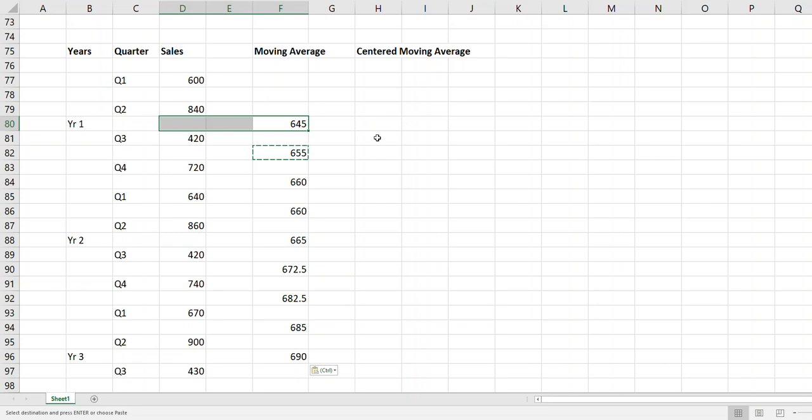So the next thing we do is we take 2 quarters' average and then divide it by 2. That gives us a centered moving average because now it relates to a quarter.